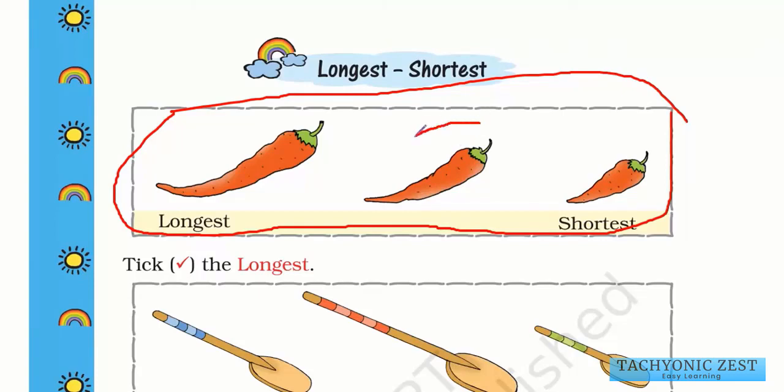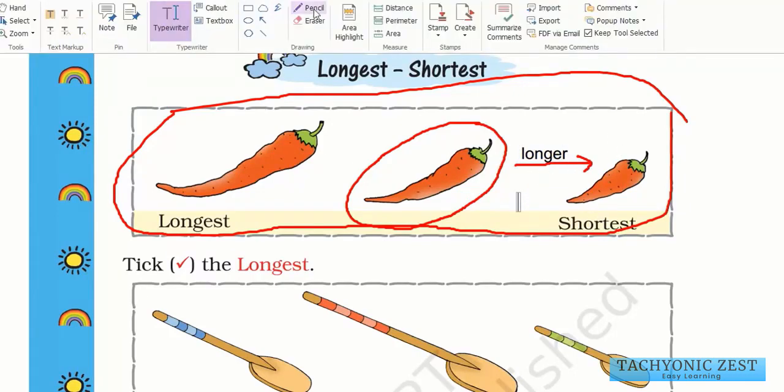Now let us look at this chili over here. If we compare it with this chili, this chili is longer. So this chili over here is longer as compared to this chili, and it is shorter as compared to the other.